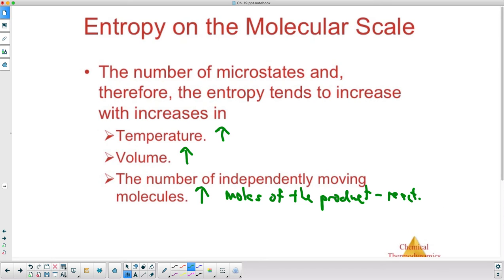Product minus reactant, number of moles. So if the number of particles increases, then you have an increase of the microstates, which means you have an increase of the randomness, which means you have an increase of the delta S.